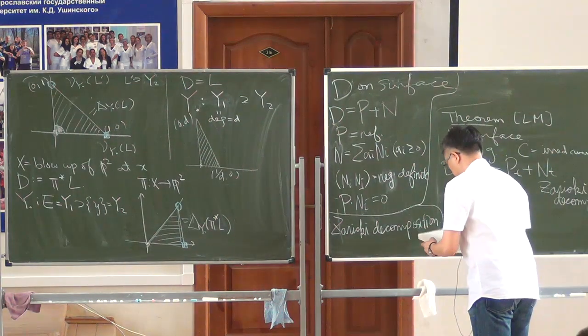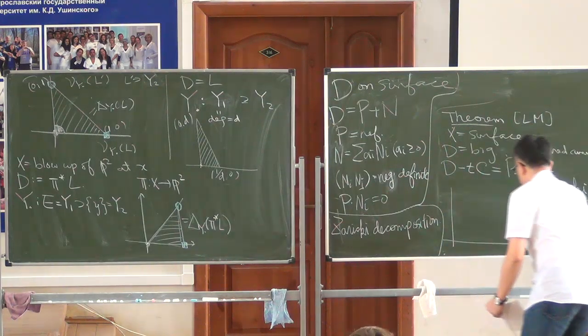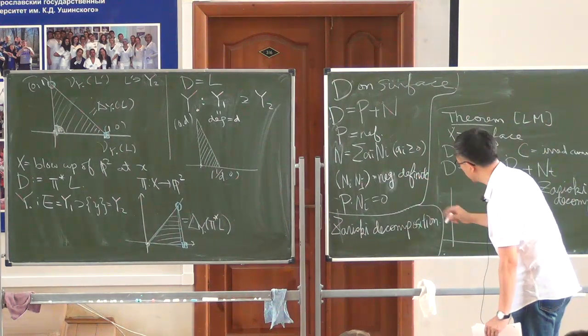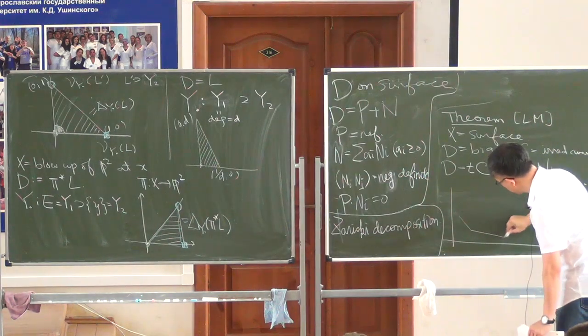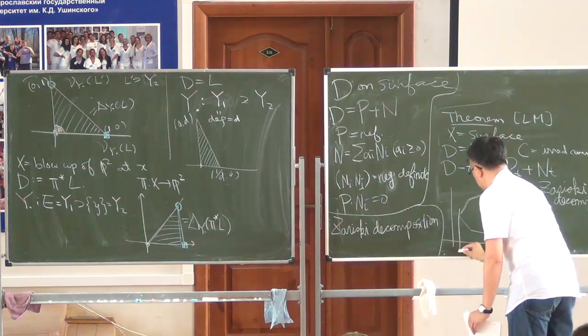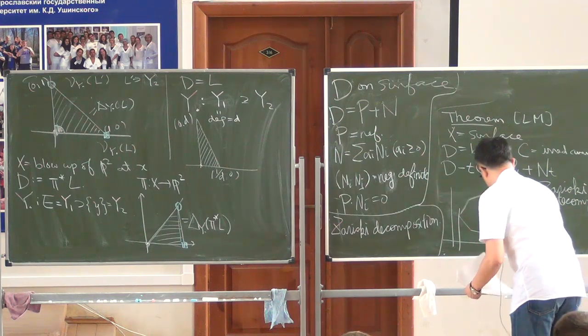In the dimension 2 case, the Okounkov body is a convex set, so it looks like this.